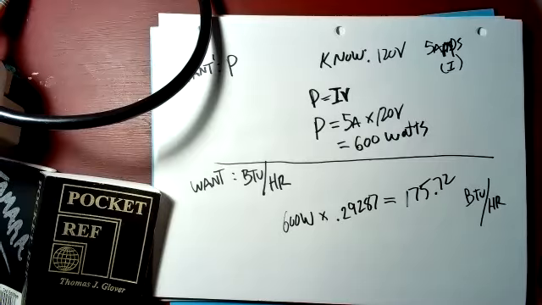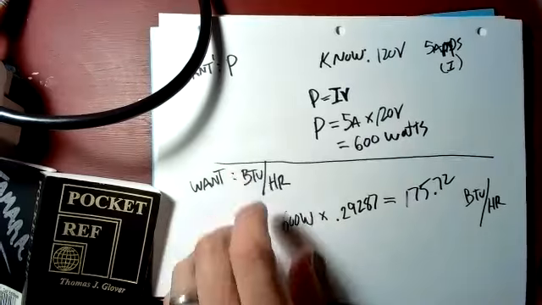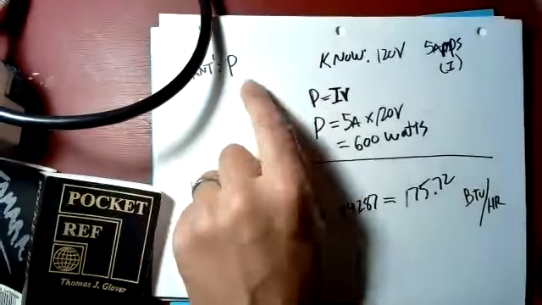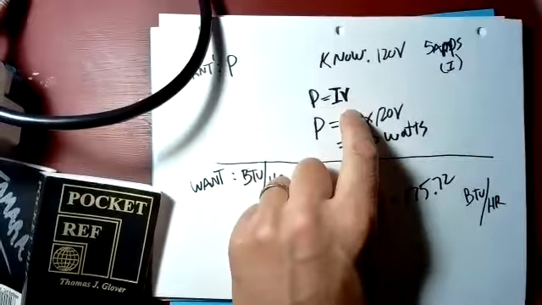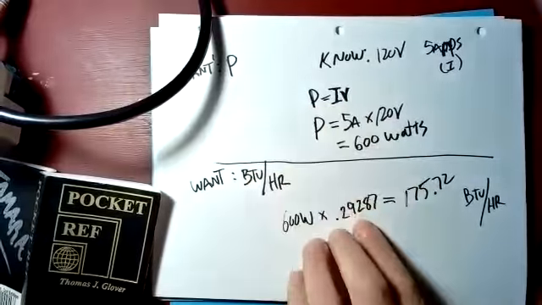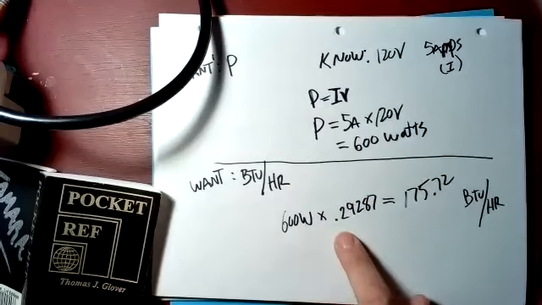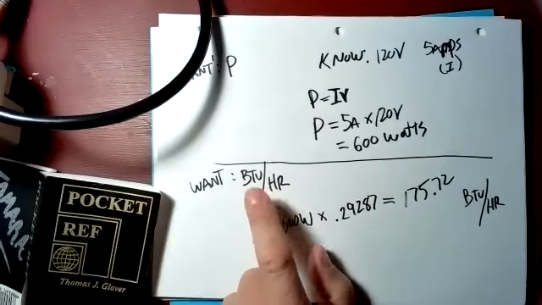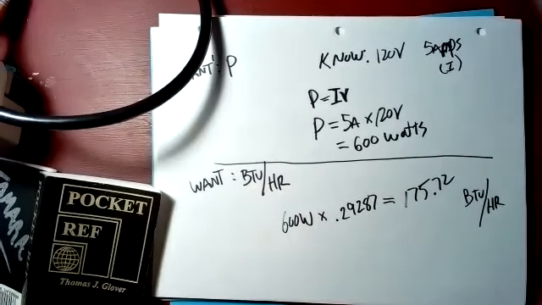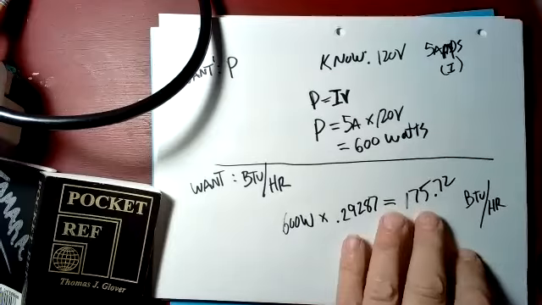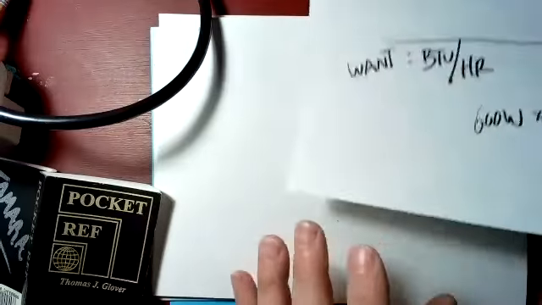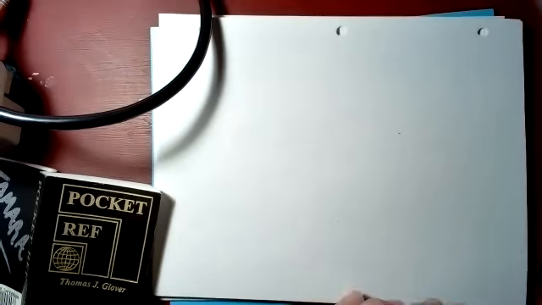Any questions on this one? So the first question was just using the formula P equals IV and plugging in the numbers. And the second part of that same question was just using a conversion factor. So it was a little bit complicated because I had to do a conversion for the second part.